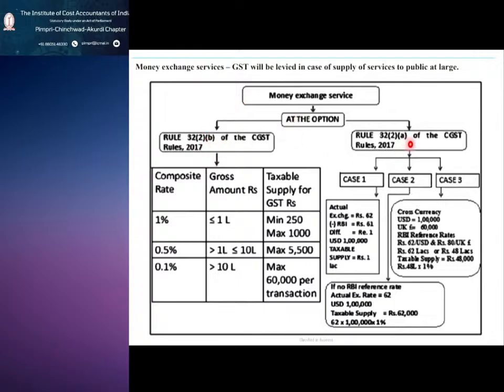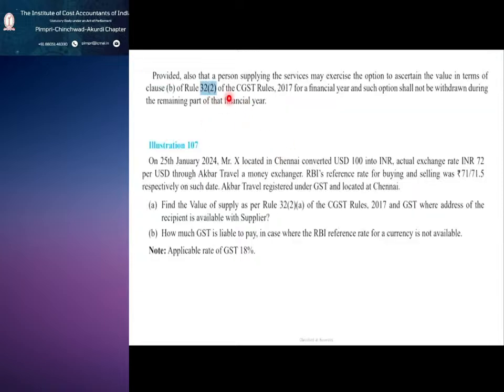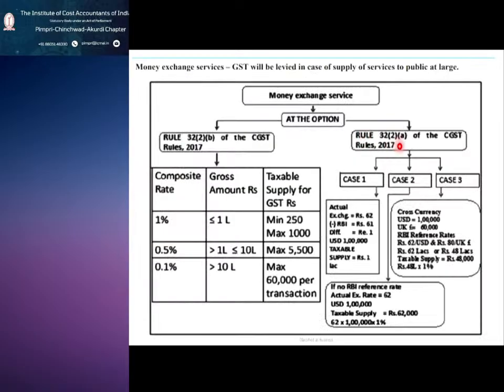There is also one rule: suppose in a financial year you go with the rule 32(2)(a), in the middle of the year you will not be able to change unless the complete financial year is completed. So these are only thumb rules, or you can say it is a formula only.